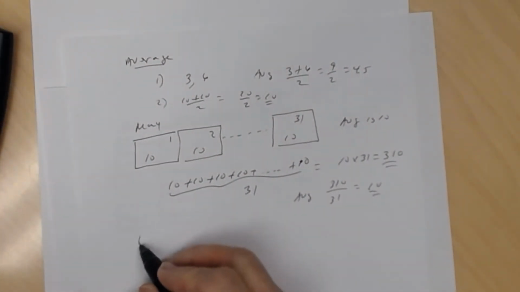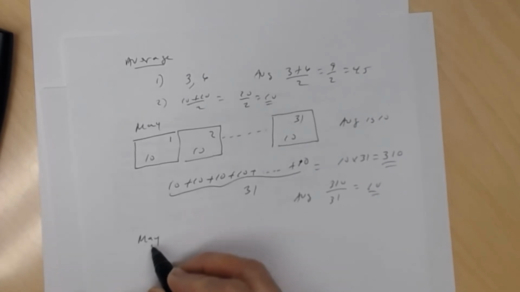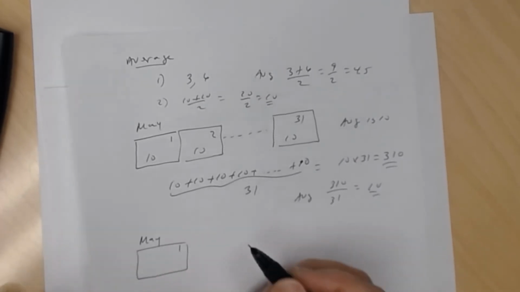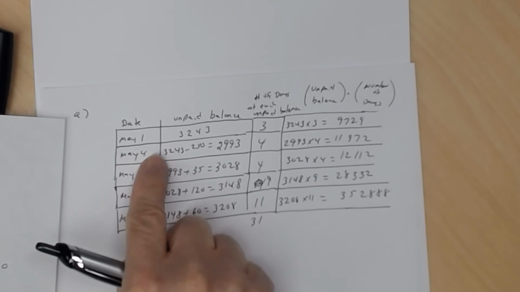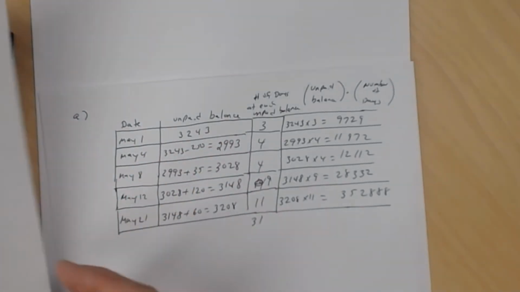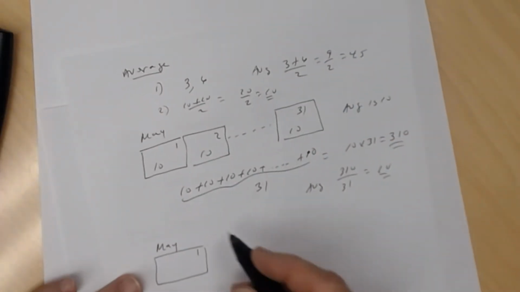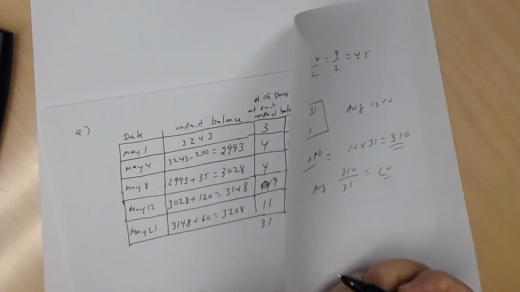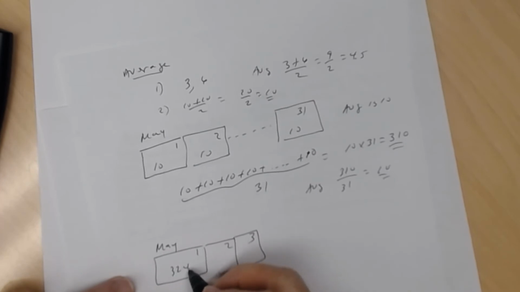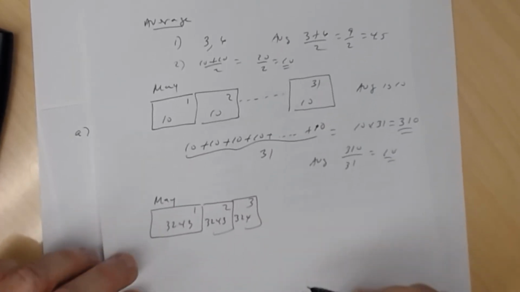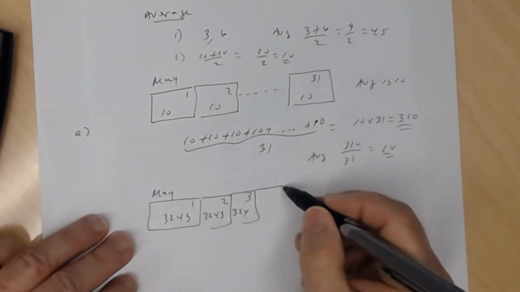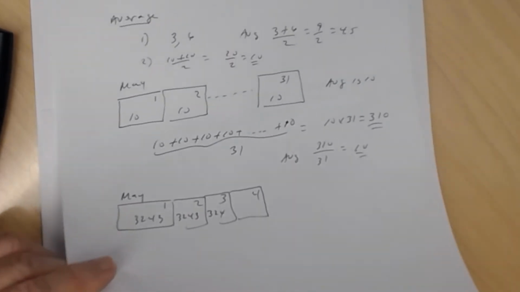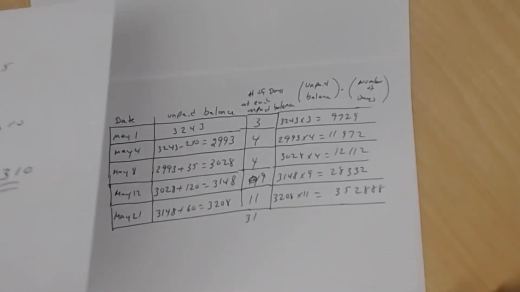So for example, let's look at it again. Let's say we went from May 1st through the 3rd: May 1st, 2nd, 3rd, it was 3,243 each time. Y'all agree? I'm not going to do the whole 31, that would be ridiculous, and I think you'll get it once I get the next one.